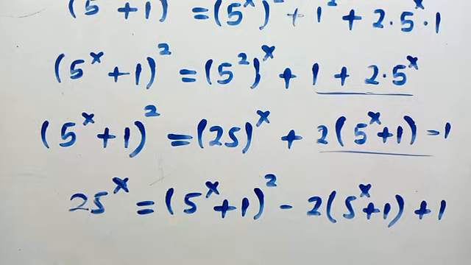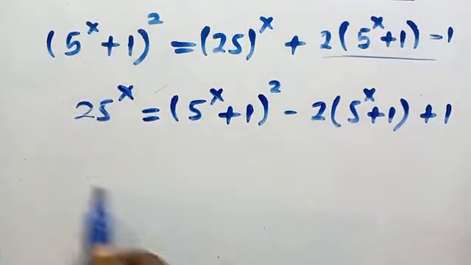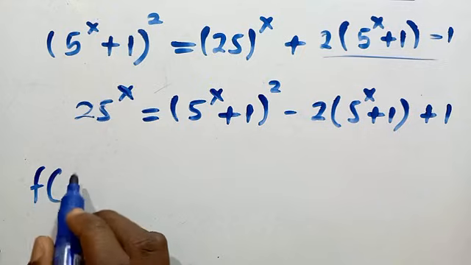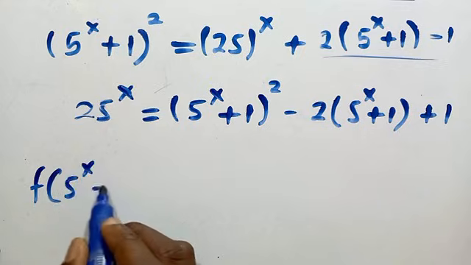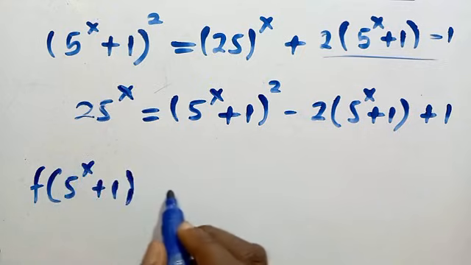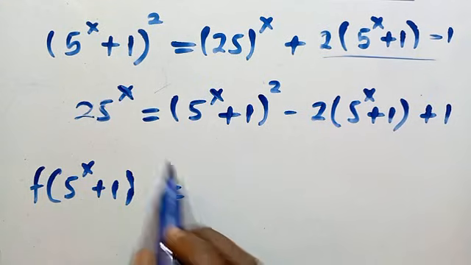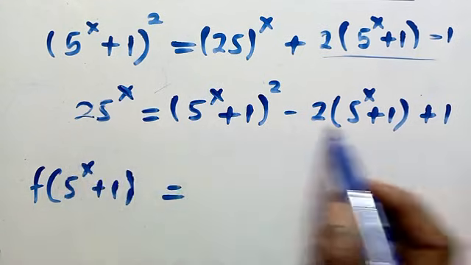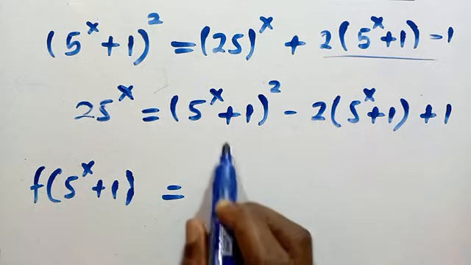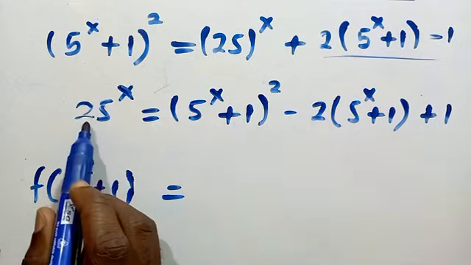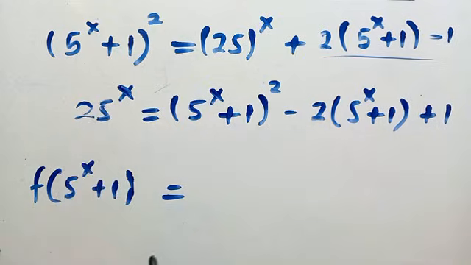Then if you now recall from the real equation, the equation says f of 5 power x plus 1 equals 25 power x. Well, 25 power x results in the whole of this expression. So when we expand this, all of it will equal 25 power of x.